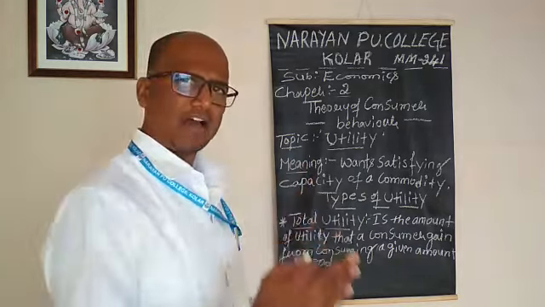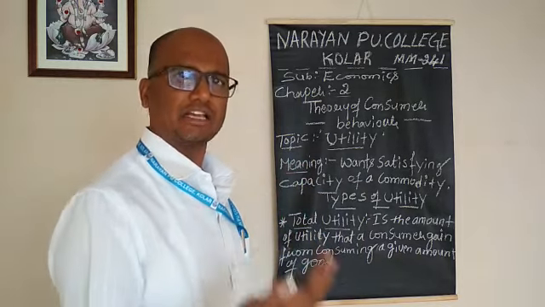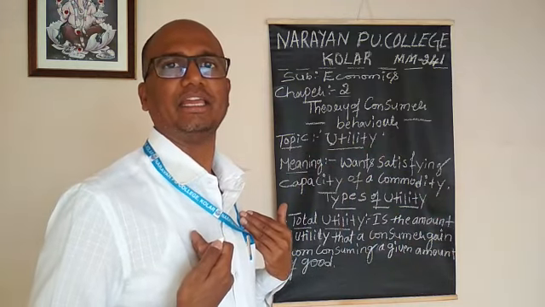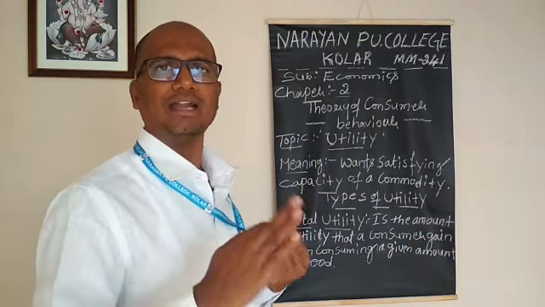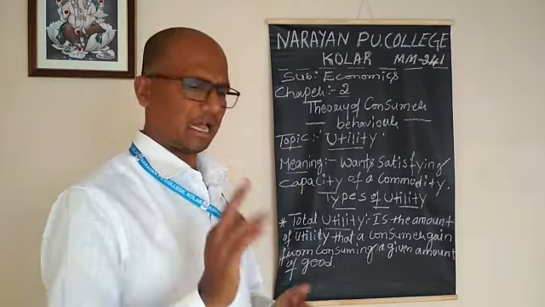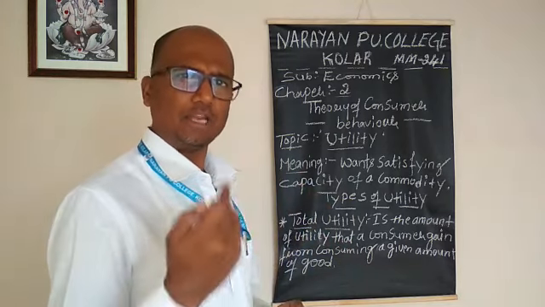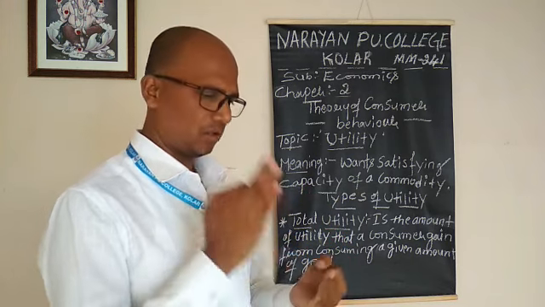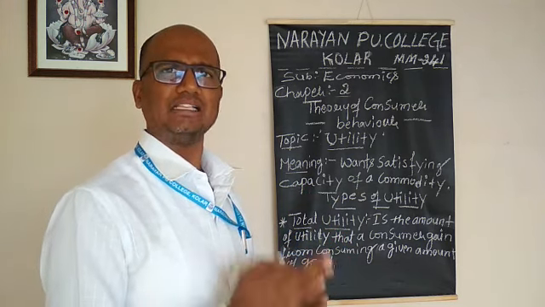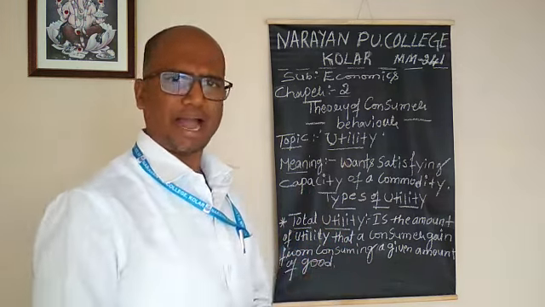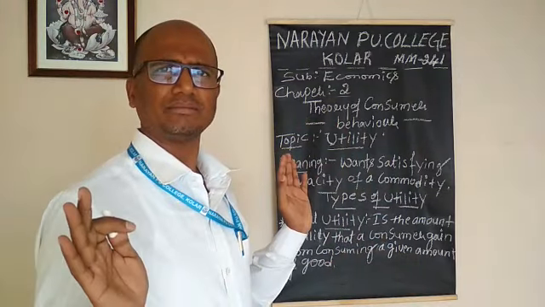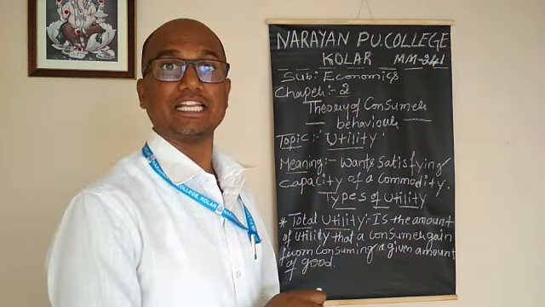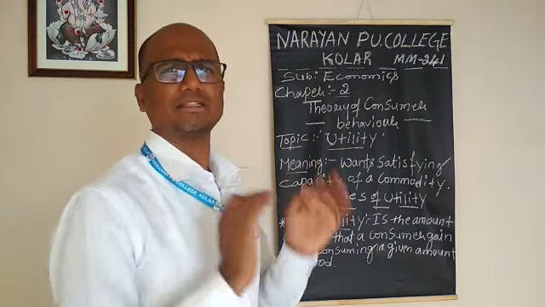Each and every commodity and service has its own capacity to satisfy the consumer's wants and desires. For example, fruits, furniture, textiles, cell phone, wristwatch, bike, car, and so on. Even alcohol and cigarettes have their own capacity to satisfy the wants and desires of consumers.